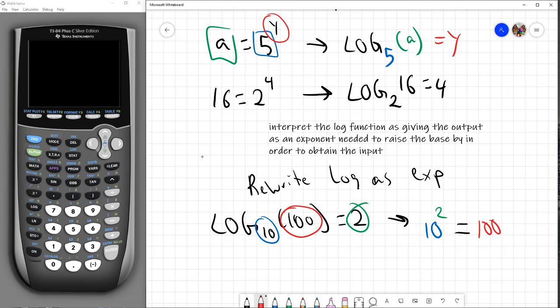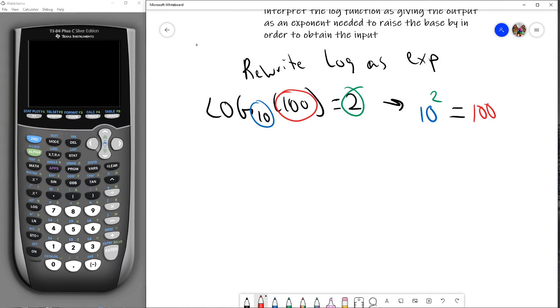Now, the fact that exponentials and logarithms are inverses of each other give rise to these 2 very important properties. So, our first two properties of logs.